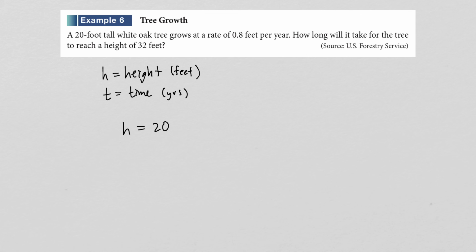However, it grows every year. So every year that goes by, we're going to add to that height by the amount that it's increasing. It's increasing by 0.8 feet per year. So we have to take 0.8 and multiply it by the number of years that have gone by. So the height of the tree is 20 plus 0.8 times t. Now the question is, when will the height be 32 feet?